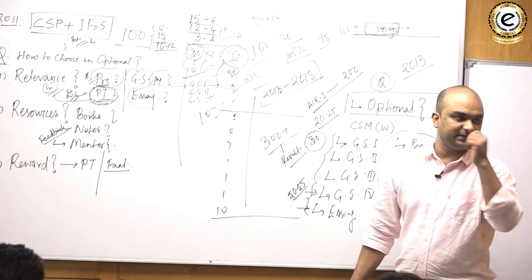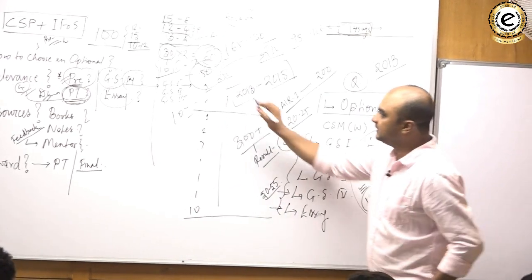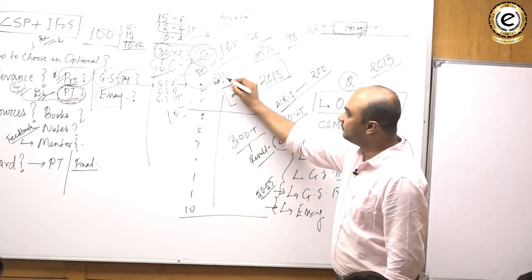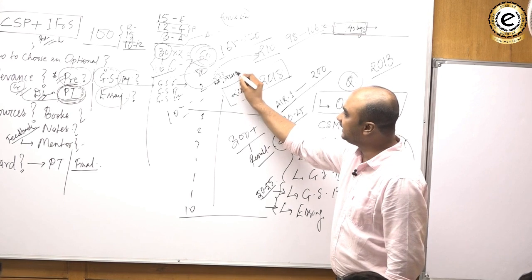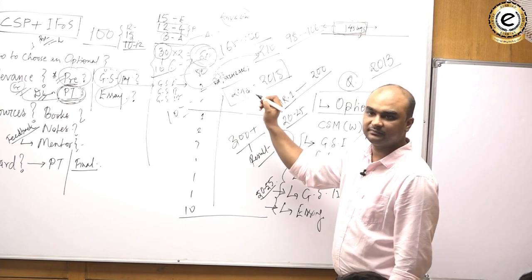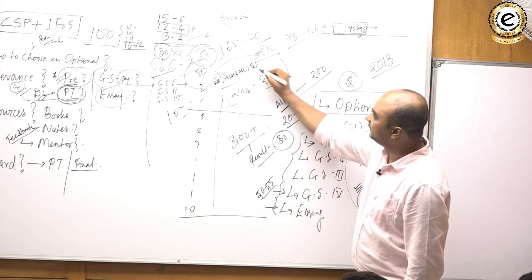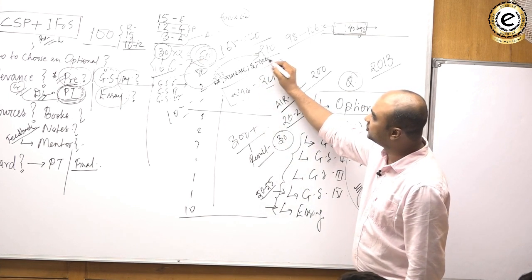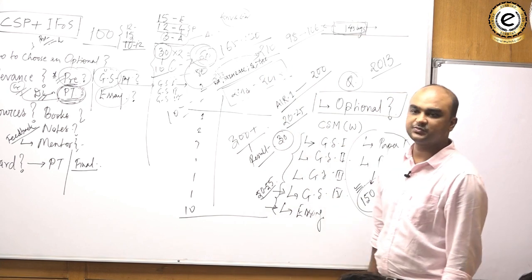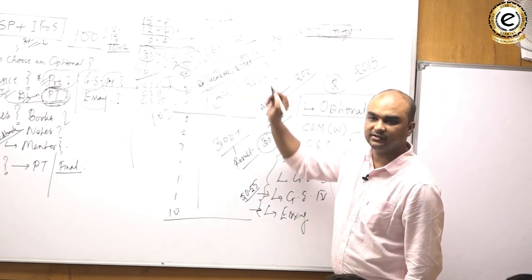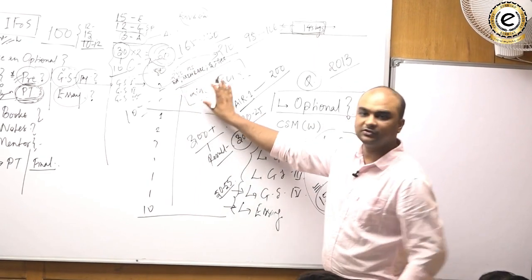Now think of this, there is world history, there is modern Indian history and art and culture, there is society, there is geography, and obviously there is post-independent India. This is what constitutes your total paper.